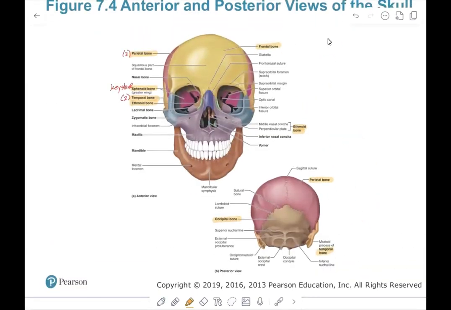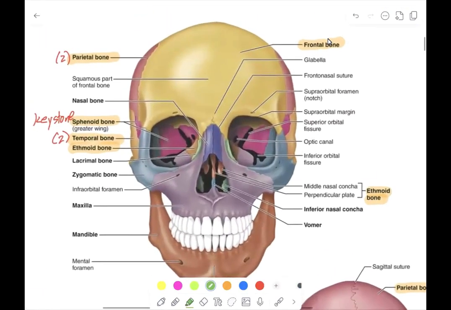When we look at an inferior view, we're going to see some other structures. But in the meantime, I'll just go ahead and highlight some of the other facial bones, like the nasal bone, lacrimal bone, zygomatic bone, maxilla, mandible, inferior nasal concha, and vomer.